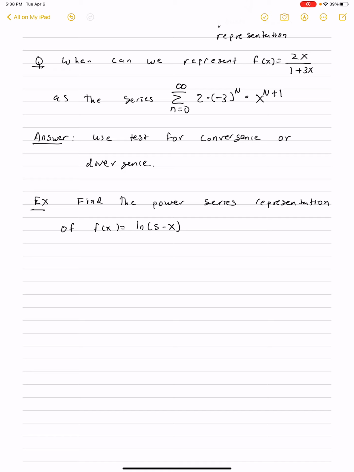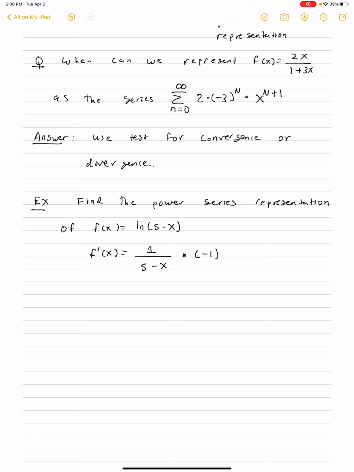And one thing that I'm going to note, and I could have listed this in two ways, is that if I take this derivative, this will be 1 over 5 minus x, multiplied by the minus 1 power.